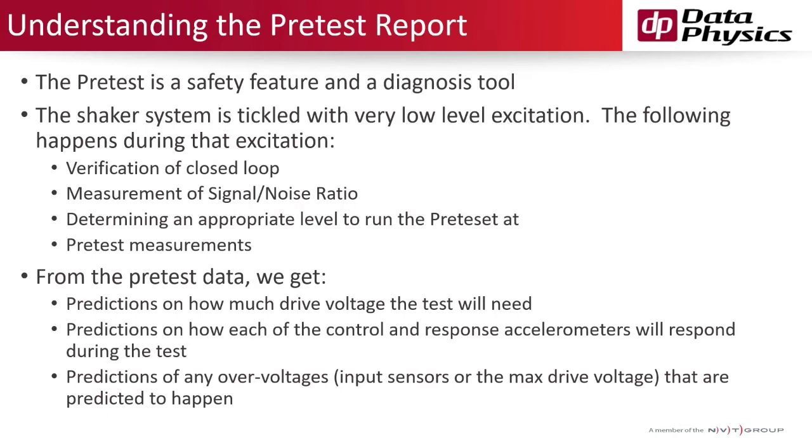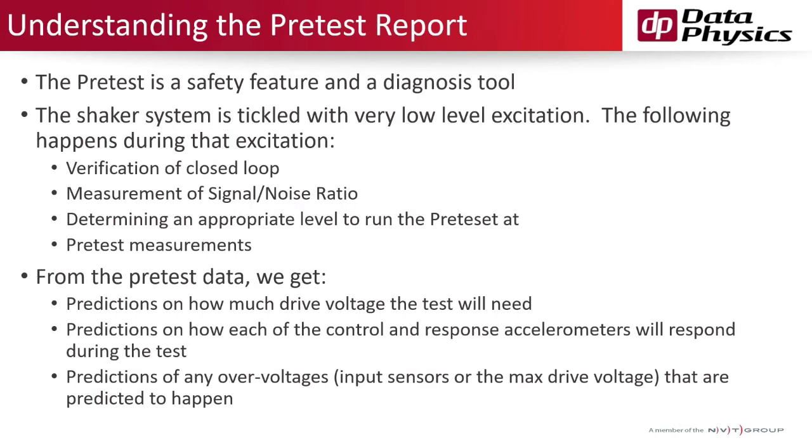And from those vibration measurements, we get predictions on how much drive voltage we're going to need to run the test, and predictions on how each of the control accelerometers and each of your response accelerometers are going to respond when you're running your full level profile. And we get predictions if any of your channels are going to be overdriven, either your shaker, or your input channels, your accelerometers, if they're going to read too high of a G level.